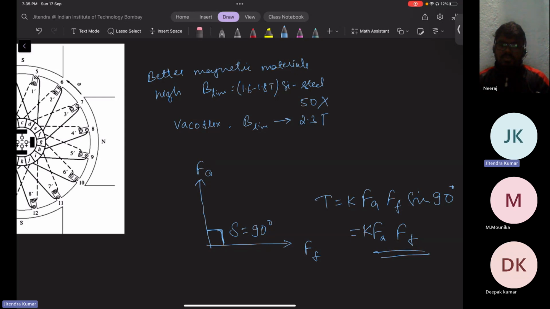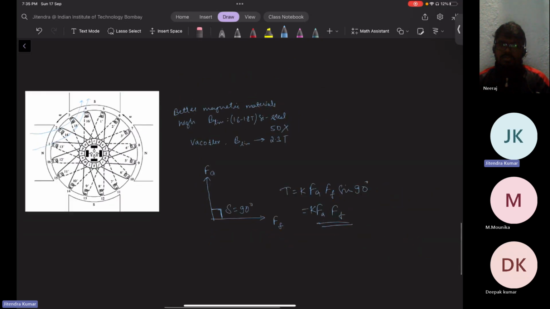Are you getting my point, Deepak? Yes, sir. Without two forces interacting, you cannot generate torque. That's the basic principle of electromagnetics. Two forces have to interact with each other to generate torque.